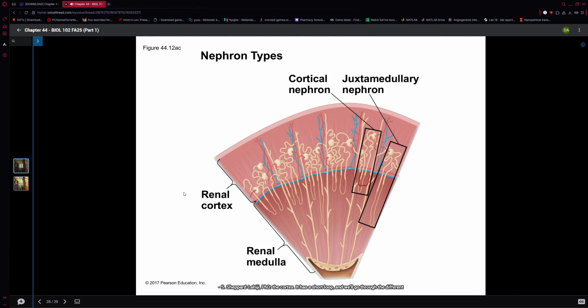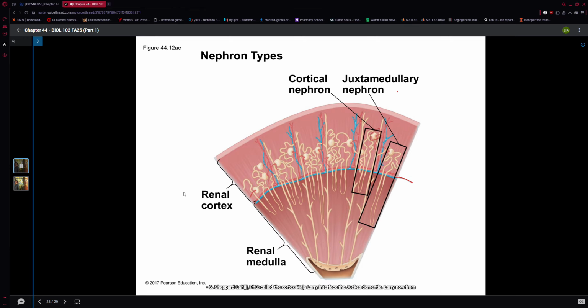It has a short nephron loop, and we'll go through the different divisions of the nephron in a later slide, but the nephron loop is pretty short, and the glomerulus, which is the structure here, is pretty high up, so it's far away from the boundary between the cortex and the medulla, sometimes called the cortex-medullary interface.